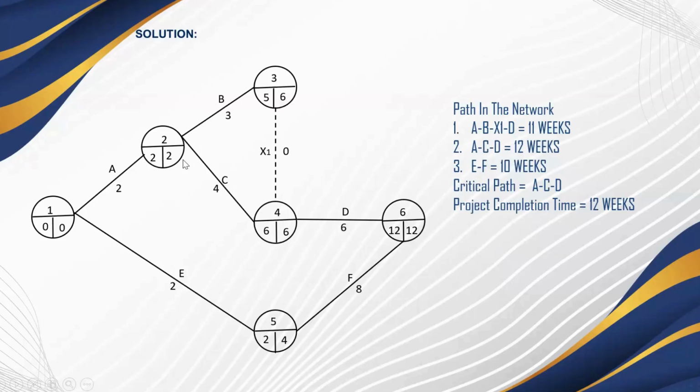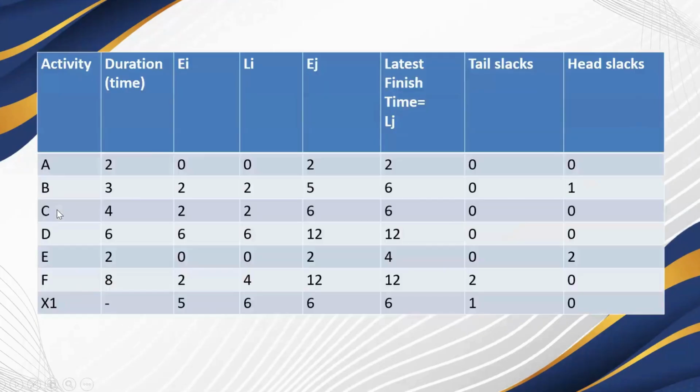From the starting side we will add the numbers, and from the end side we will subtract the numbers. So we will get 0. And this is the table that we will see.